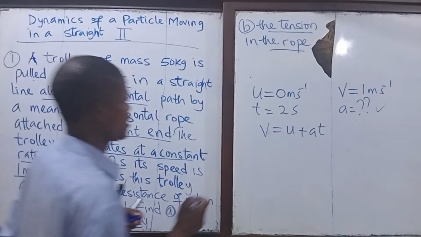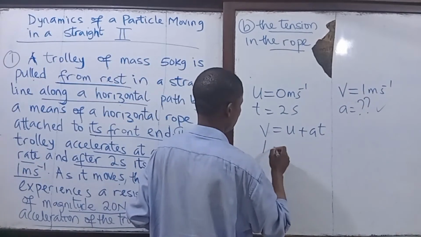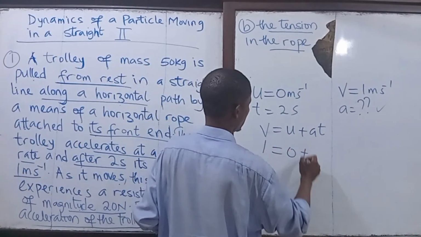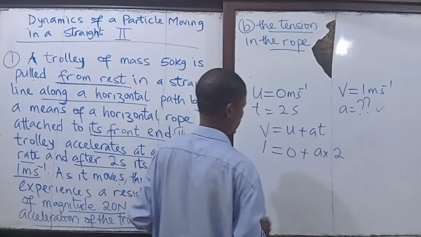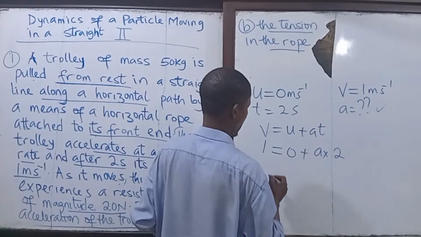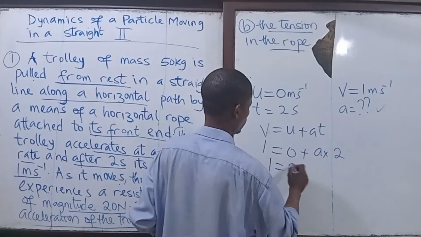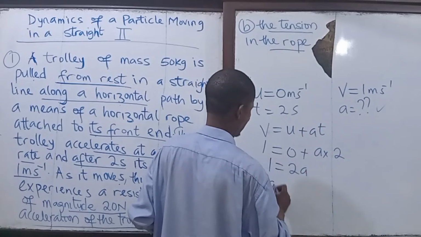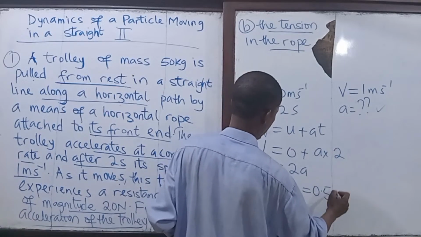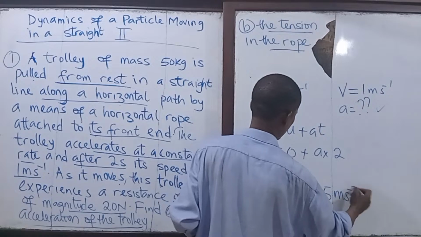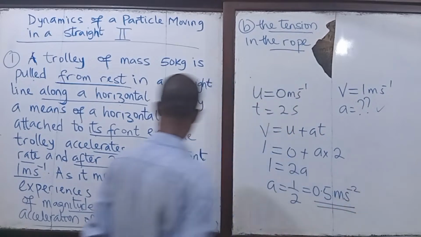We know the final velocity is 1, the initial is 0, the acceleration is what we are looking for, and the time is 2 seconds. So from there we get 1 equals 2A, A is equal to 1 over 2, which is 0.5 meter per second square. So that's that on the first part.